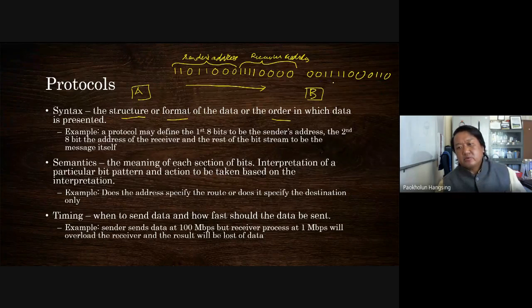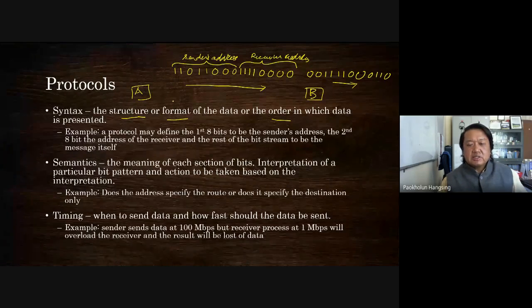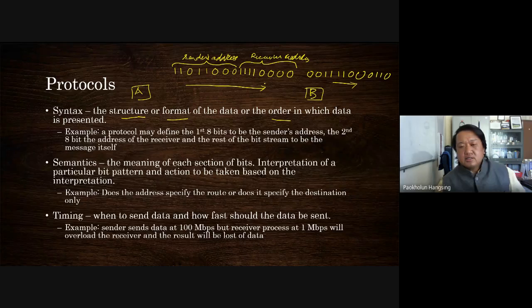The remaining portion will be the actual data. So accordingly, A and B, which are communicating, will treat that this stream of bits contains the sender's address in the first 8 bits, the receiver's address in the next 8 bits, and the rest is the stream of data. So this is one example of the syntax, the structure, the format, or the order in which data is presented. Now we have the semantics.